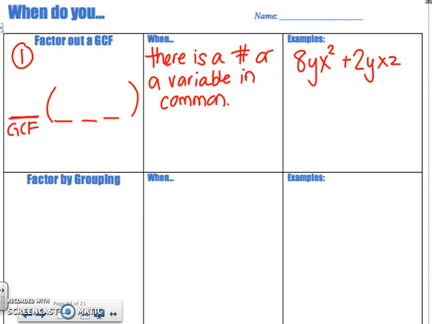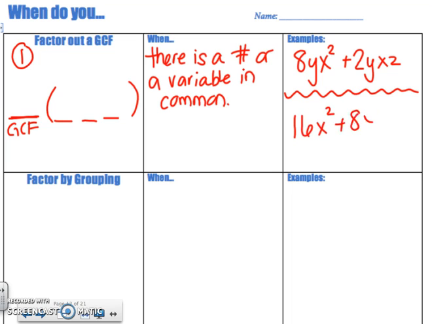Because the only thing that we can factor out of this would be a 2. Or you could have an example like 16x squared plus 8x, okay? So they've got something in common, and that's all you can do, okay?